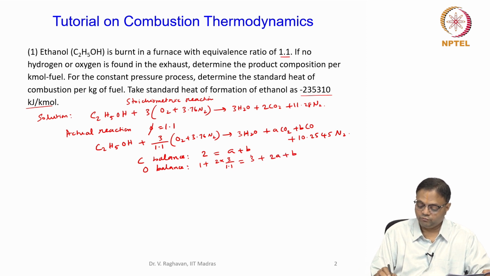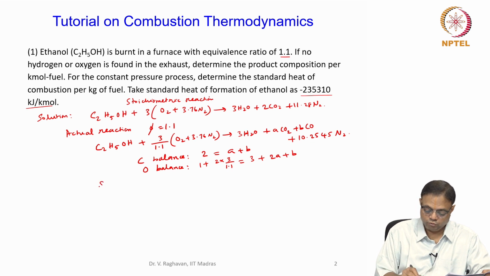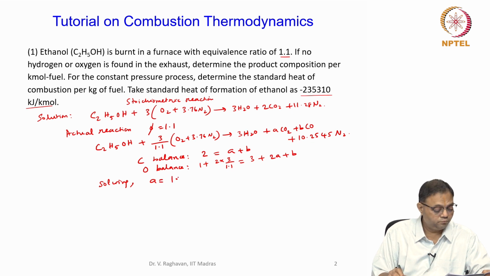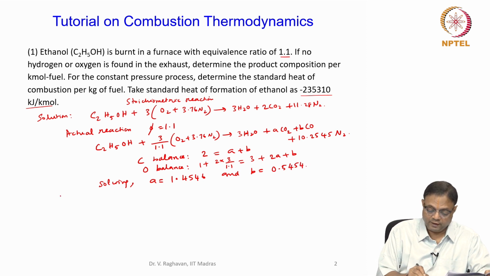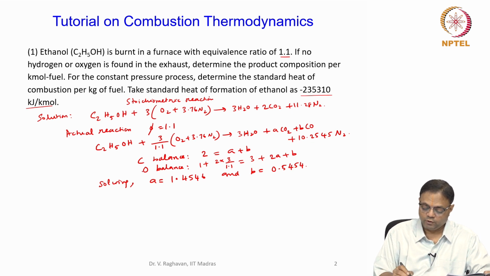So I have two equations and two unknowns, A and B. Solving, I get A equal to 1.4546 and B equal to 0.5454. So now we can write the product stream. A and B can be substituted.